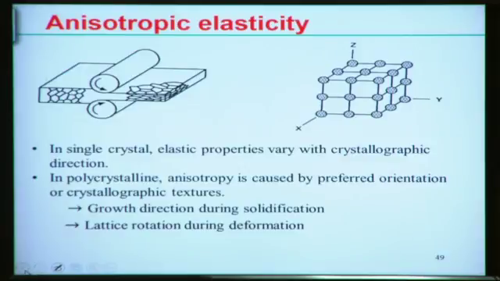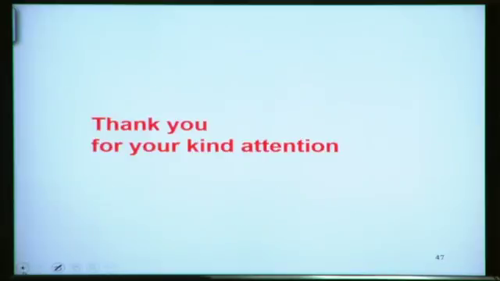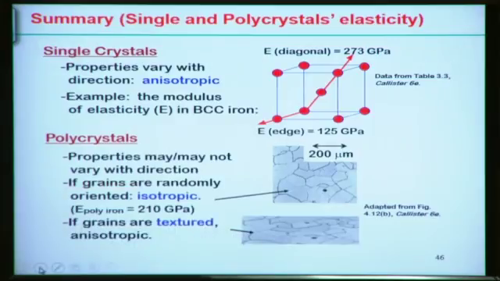If you go back to our last slide, if we measure the Young's modulus of the single crystal along different directions, we found that along the body diagonal the Young's modulus is 273 gigapascal, and along the edge the Young's modulus is 125 gigapascal. So there is a huge difference of this elastic constant in a single crystal of iron.